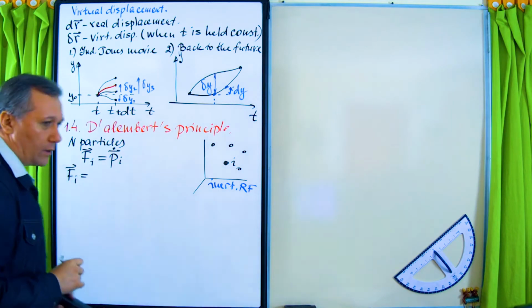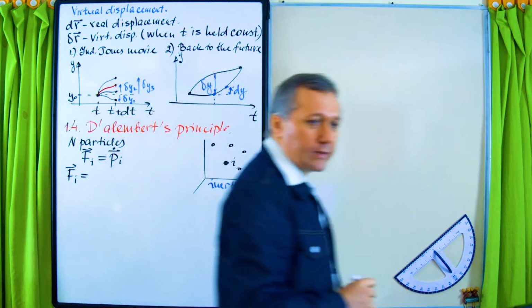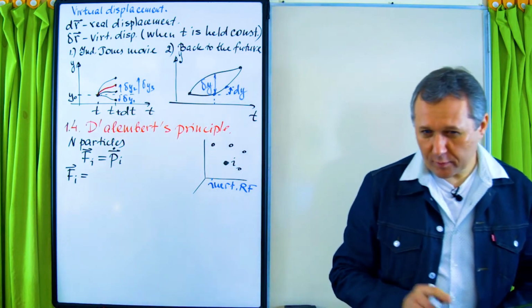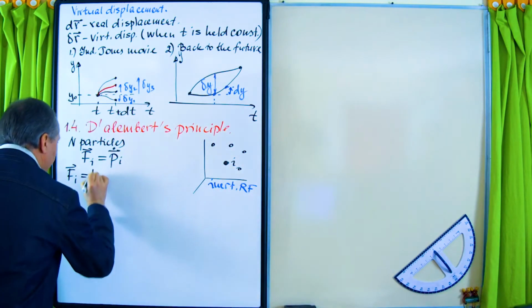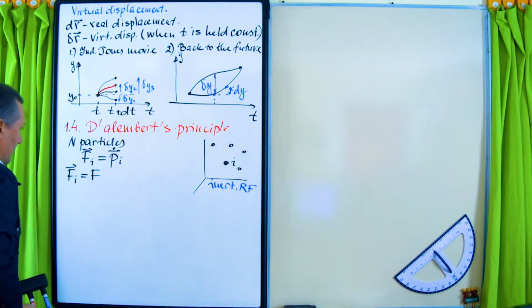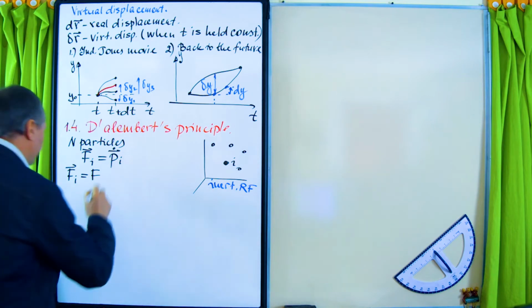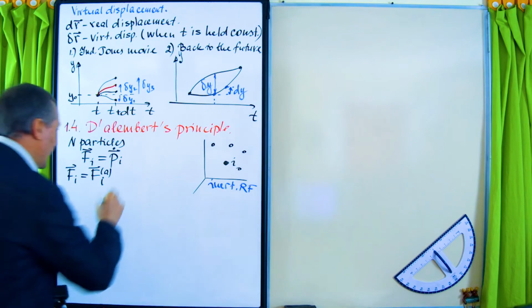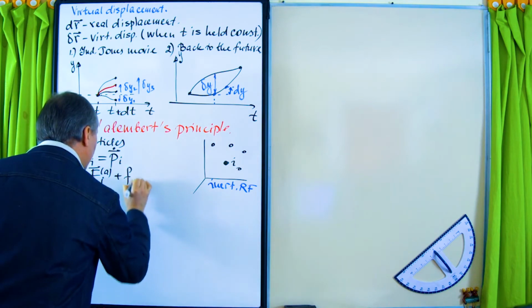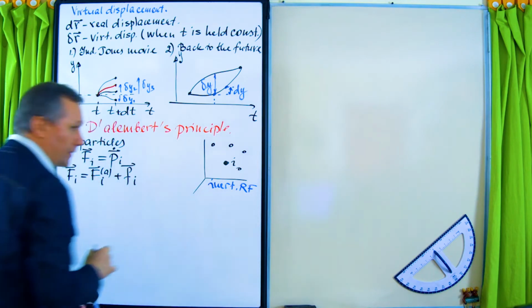Some forces can be forces of constraints, and some are actual forces, so let's split them up. Let's say the actual force is F_i^a, that's the actual force, plus the force of constraints acting on the particle.